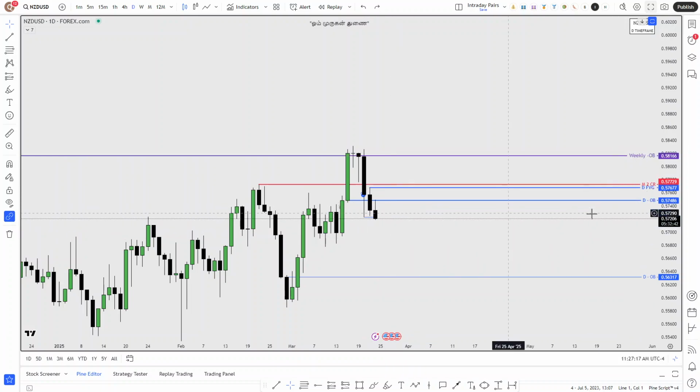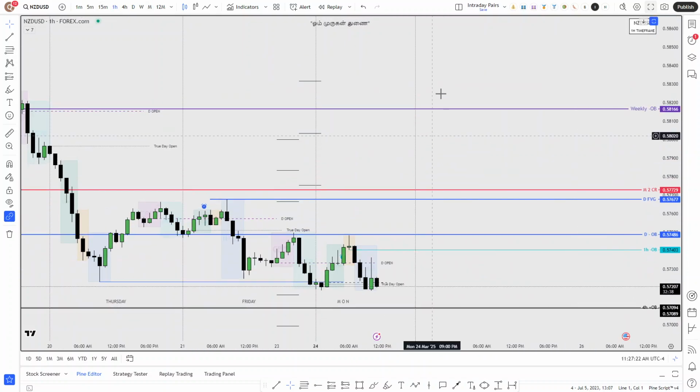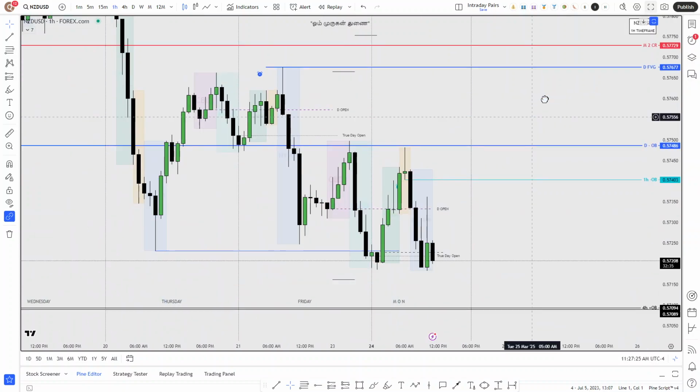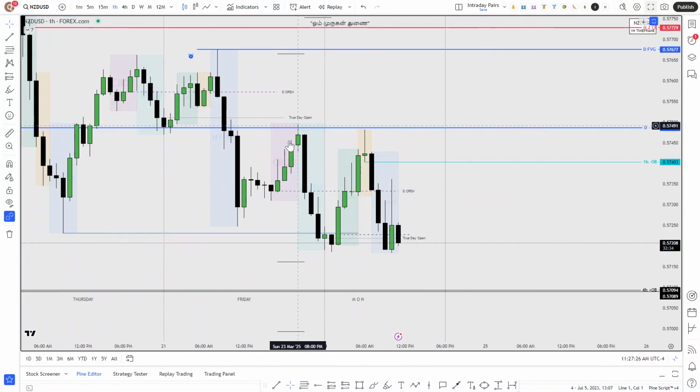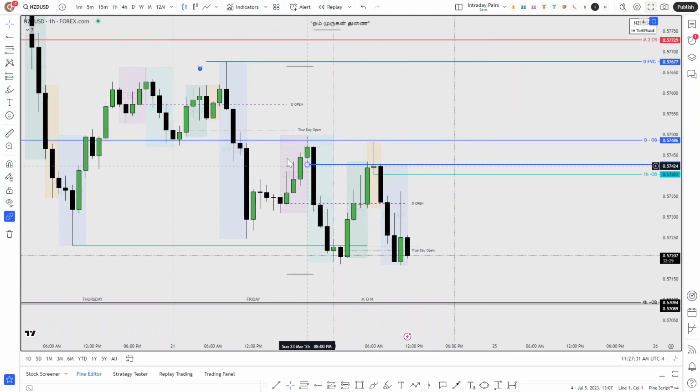Now after tapping into this daily bearish OB, we went into 1 hour to look for CSD confirmation. You can see it here. In CSD, during the CSD time frame, price has broken this daily bearish OB and formed a 1 hour bearish OB here.